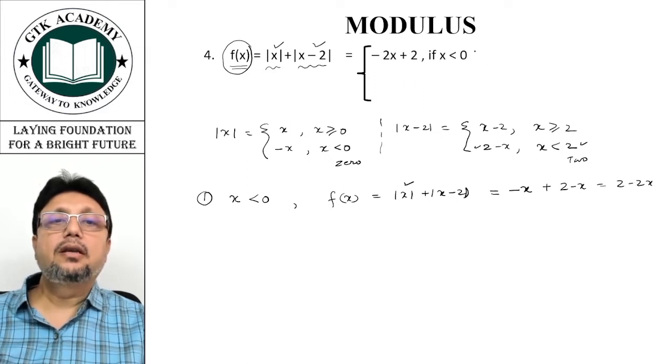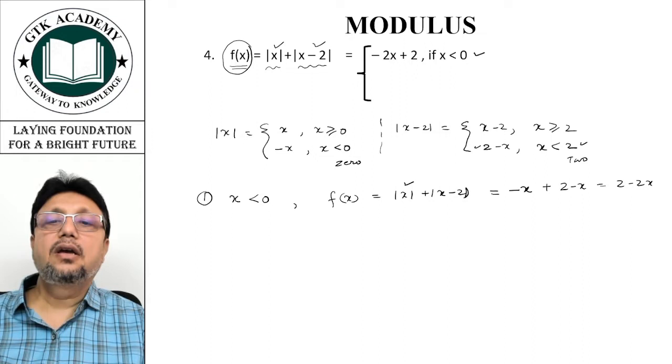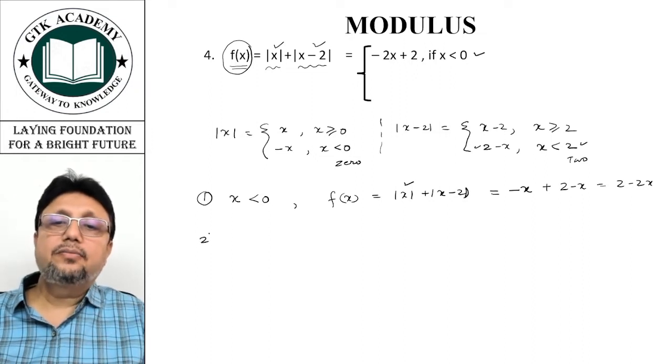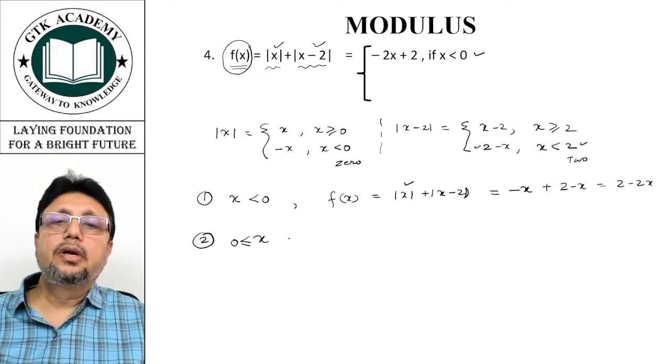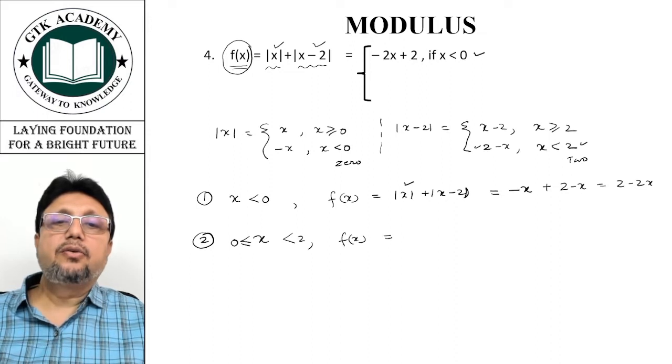So we'll write it like this. The other region: x is greater than or equal to 0 and less than 2. Then f(x) is equal to |x| + |x − 2|.